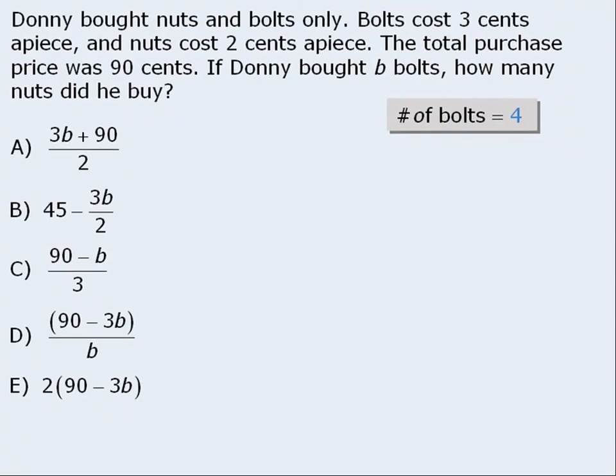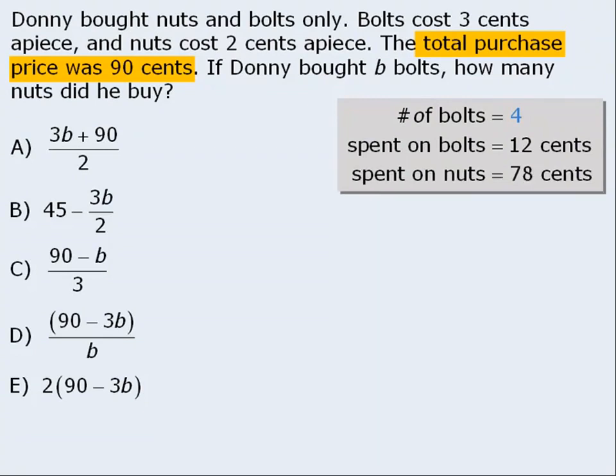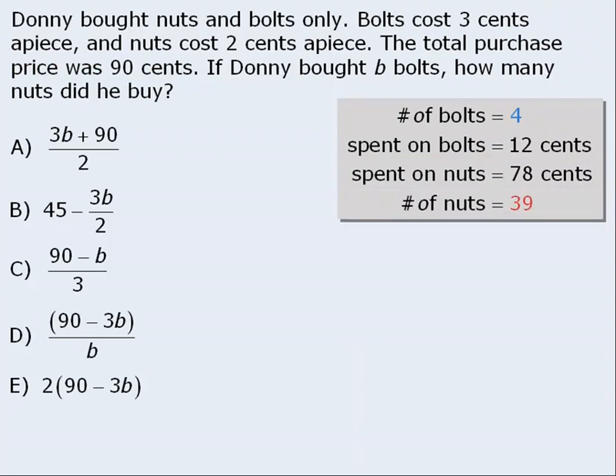If Donnie bought 4 bolts, the cost of those bolts will be 12 cents, since bolts are 3 cents each. Now we're told that the total purchase price was 90 cents, which means Donnie must have spent the remaining 78 cents on nuts. Since nuts cost 2 cents each, this would mean that Donnie bought 39 nuts with the 78 cents.